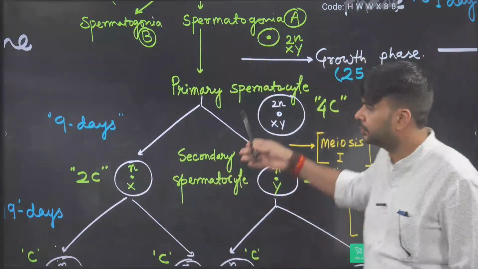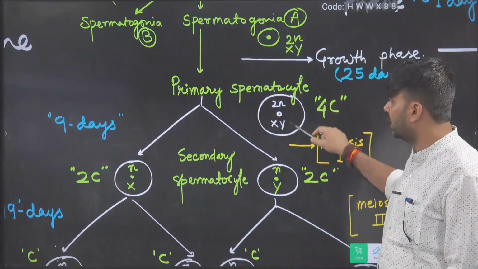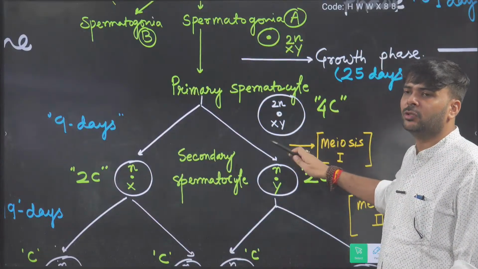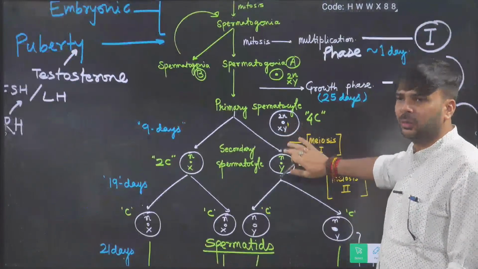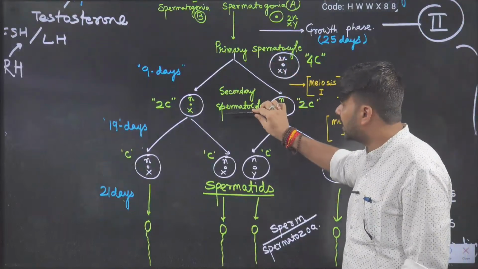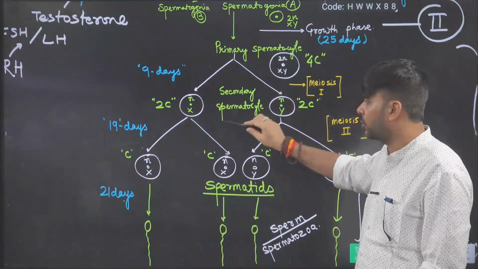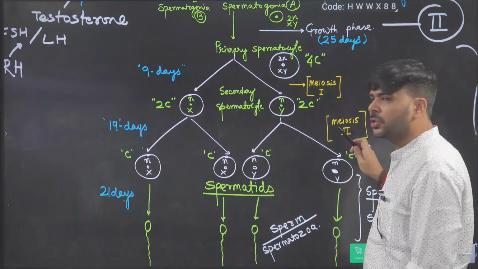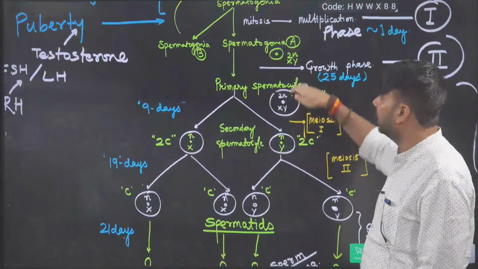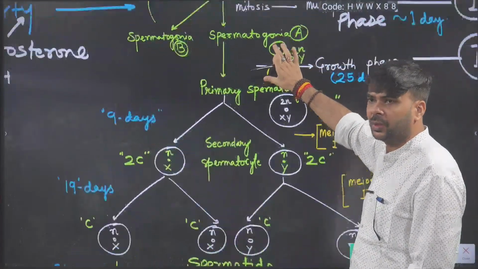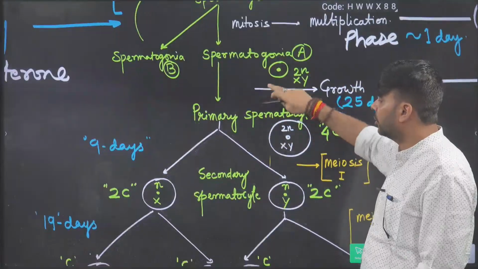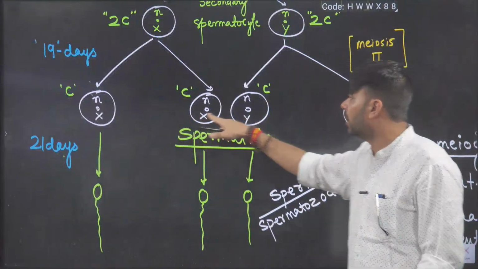Okay, chalo. Here, primary spermatocyte, a large cell, enters into meiosis and forms secondary spermatocytes. Secondary spermatocytes again form 2 spermatids each. Means from spermatogonia's journey, a total of 4 spermatids are formed.